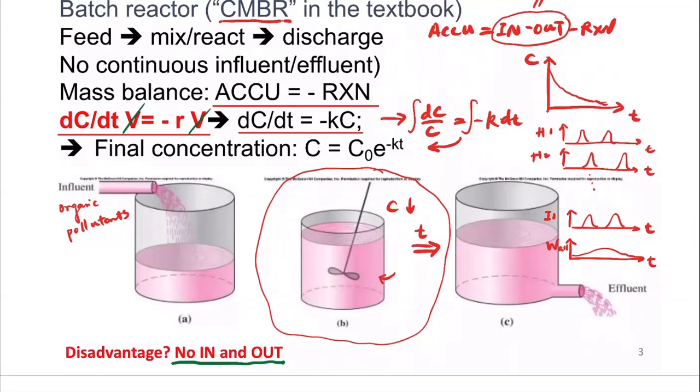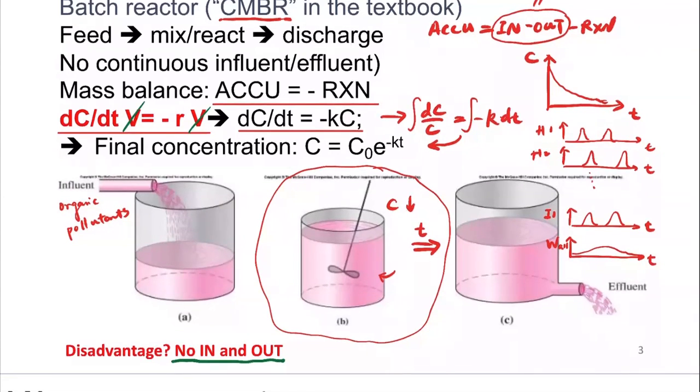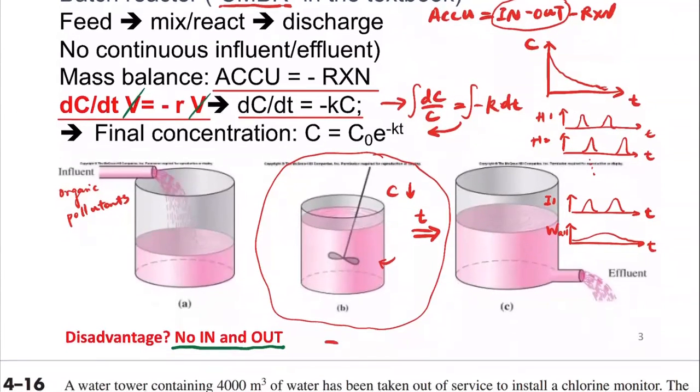So the batch reactor has the disadvantage that it cannot react continuously, okay? So we have to use some flow reactors. Okay, so that's why we need to use the CSTR and PFR.